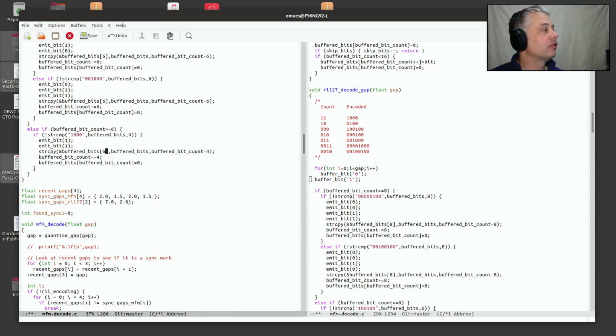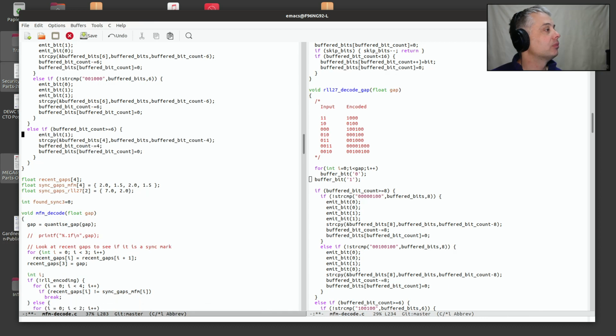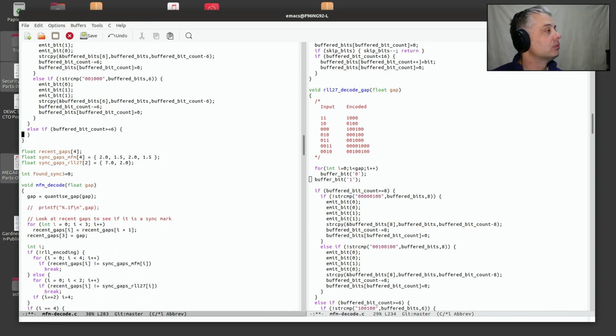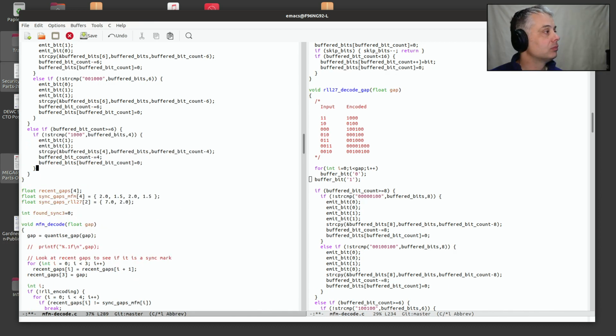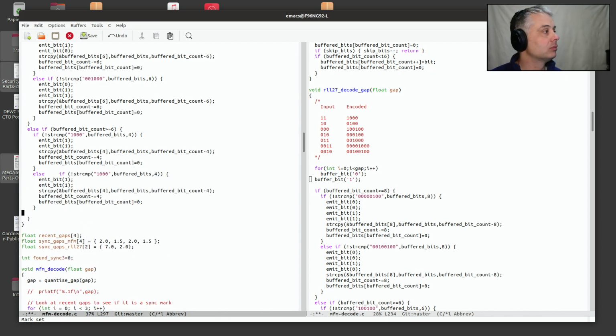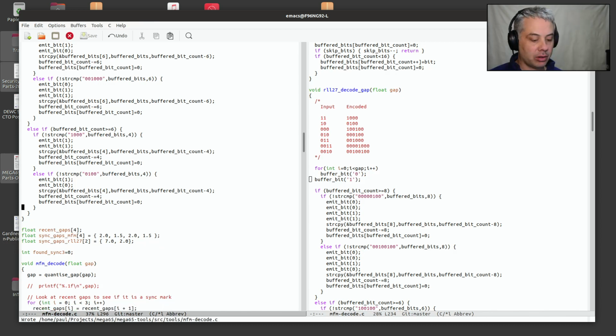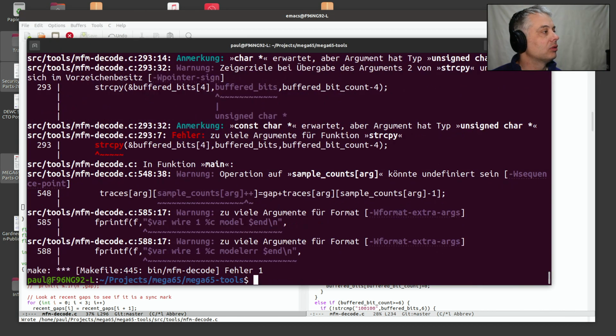Four. 0100 gets us 10. Right, so in theory that should work.